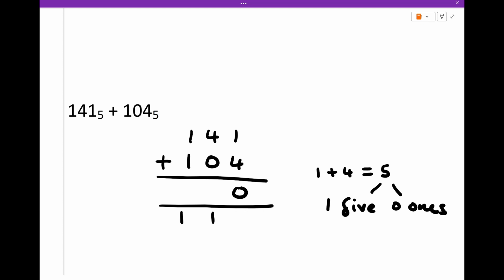So I'm going to write a 1 down here. And of course, 5 fives is equal to 25, so that means we've carried everything over, so we're left with 0. Then finally, we've got 1 twenty-five plus another 25 plus another 25, so that's going to be 3 twenty-fives. So the final answer is 300 base 5. Okay, and that's addition.